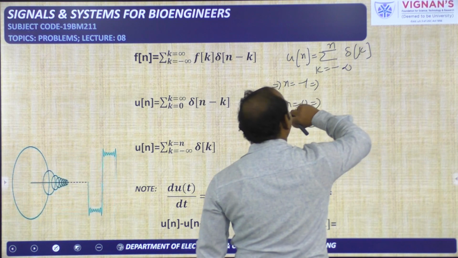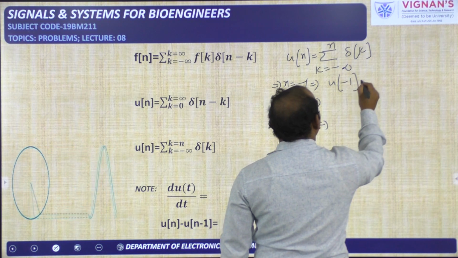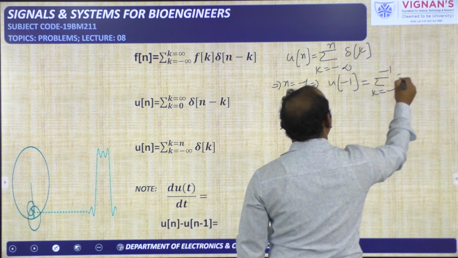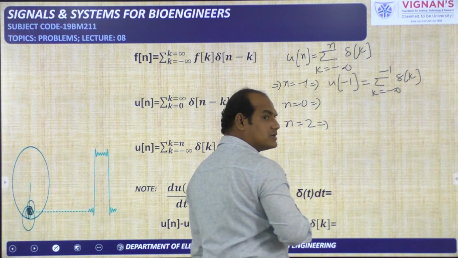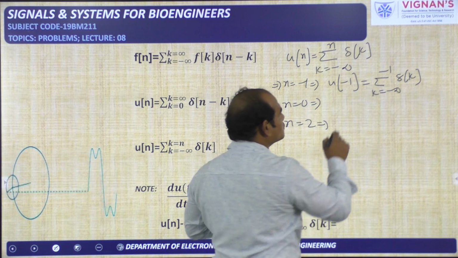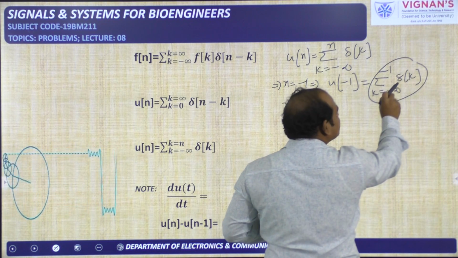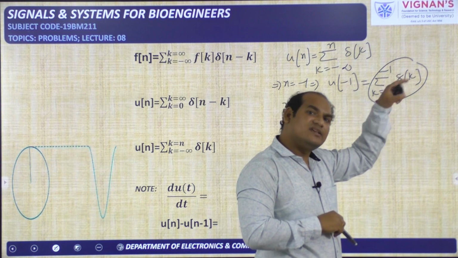N is equal to negative. So u of minus 1 is sigma k is from minus infinity to minus 1 del of k. U of minus 1 is what? Step signal is available on the right side. So on the left side its value is 0. So this is 0. Whether it is 0 or not, you check. Del signal is available, del of k is nothing but it is available at k is equal to 0.